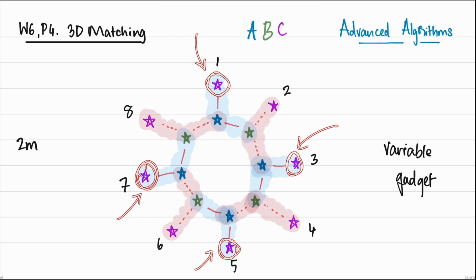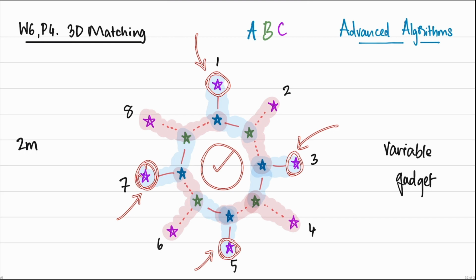But notice that whatever we do, the entire center gets covered, but it leaves the opposite parity spokes uncovered. And I think this is beautiful because it gives us a hint of a signal. If I pick the odd numbered ones here, for example, then in some sense we are setting our variable to either true or false.